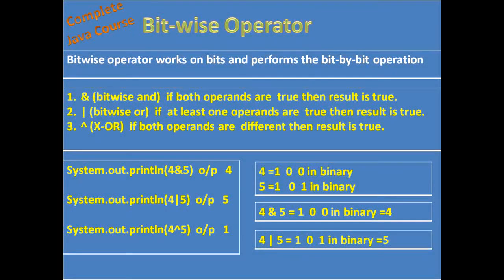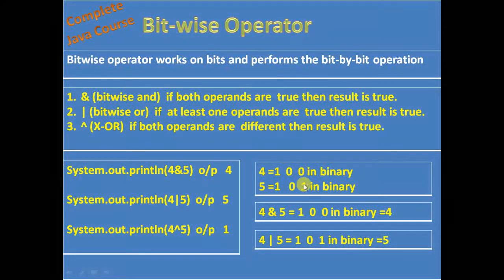In the same way, if you apply the OR operator between 4 and 5, the OR operator gives true if at least one operand is true. For 0 and 1, 1 is true and 0 is false.